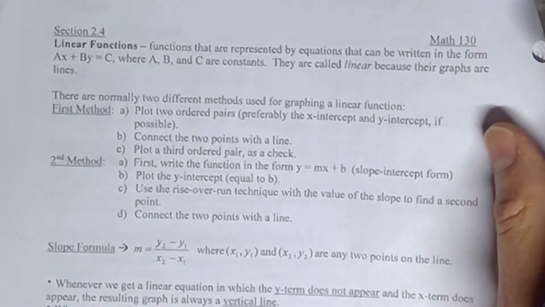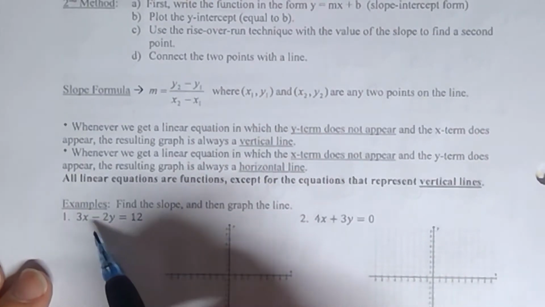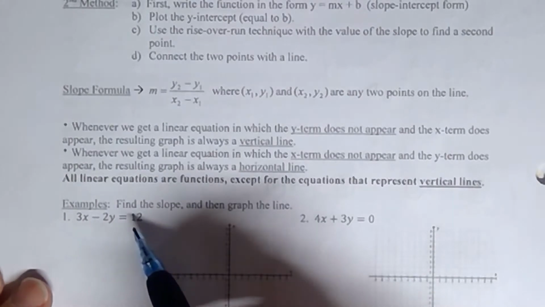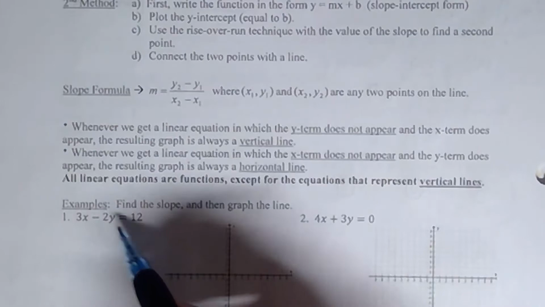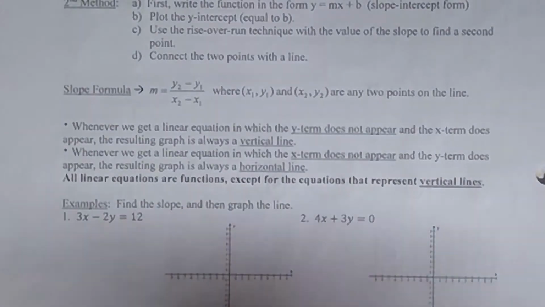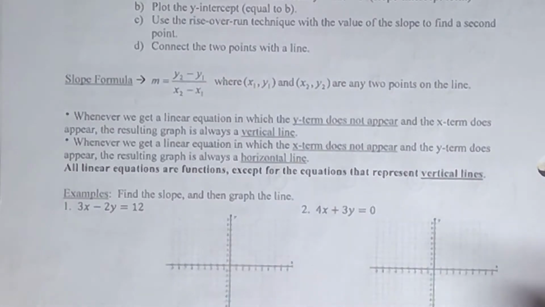What makes these ones different, though, you can see that these are polynomials on both sides. You've got two terms here and one there. And notice that we have, again, x to the first and y to the first. There's no x to the second or y to the second. So that makes it linear, all right?